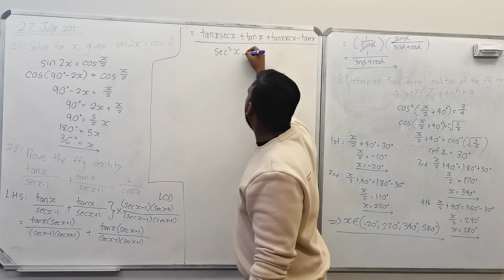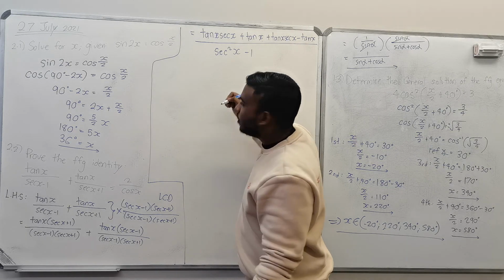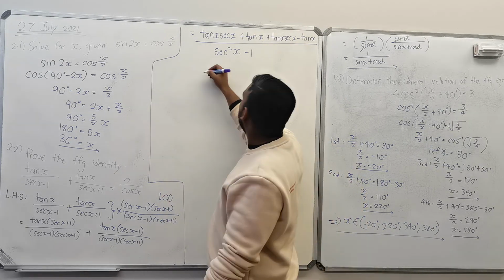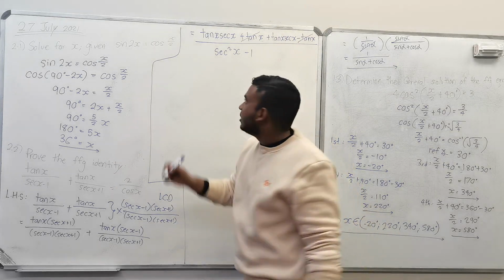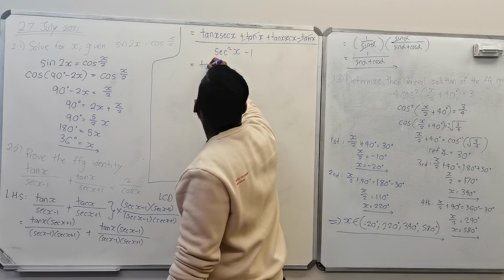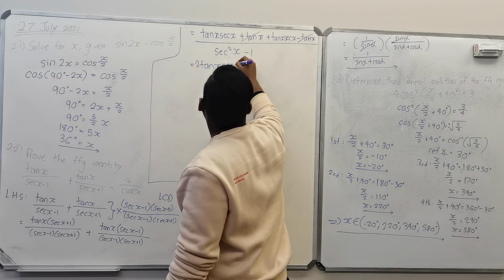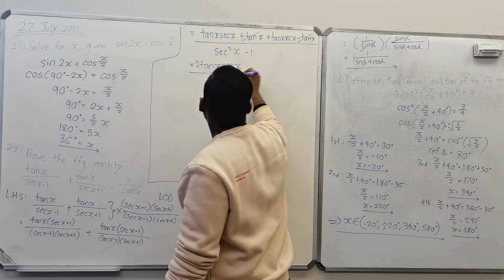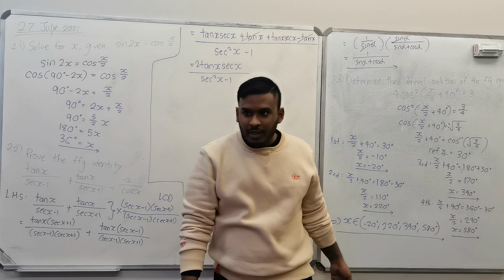And then minus 1 and 1 will be minus 1, right? So this and that would cancel. So you're left with 2 tan x sec x all over sec squared x minus 1.